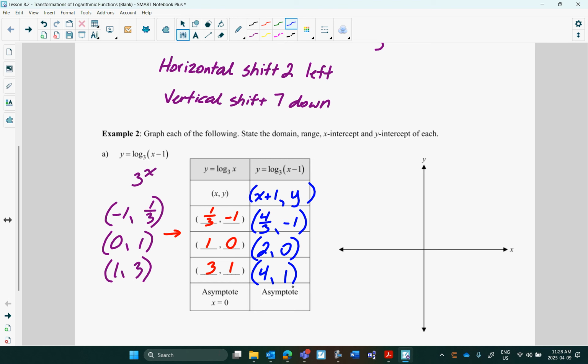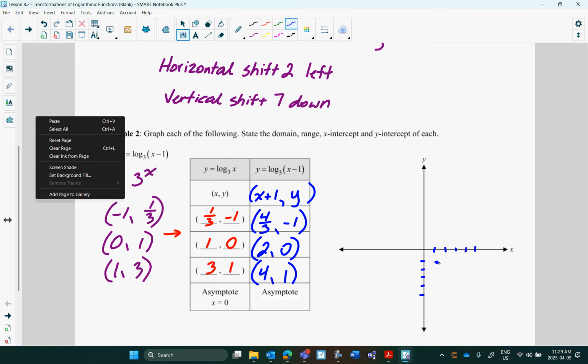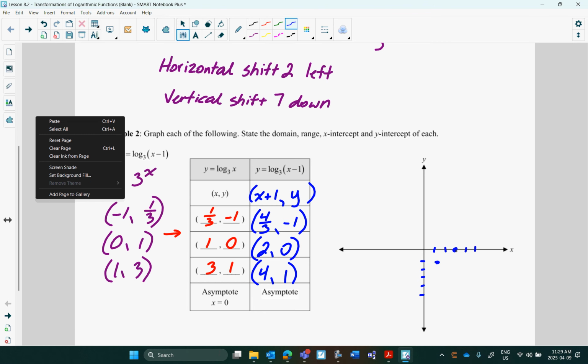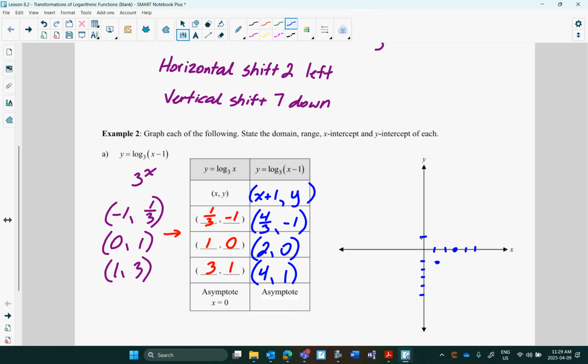I'll talk about the asymptote in a second after we sketch it. So these are all positive. And we've got some negatives there too, so I'll go down as well. So we got 4/3, which is about 1 1/3, which is about there, negative 1. So we're somewhere around there. 2, 0. Oh, I gotta go up here. 4, 1.